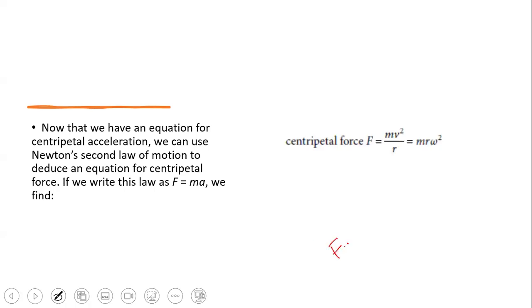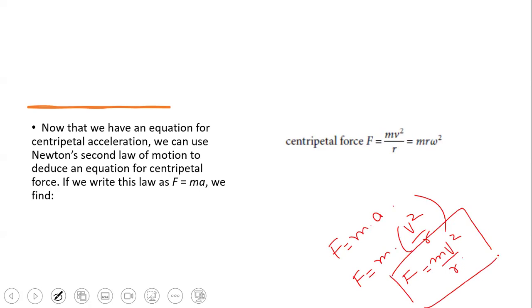And we know F is equal to ma. We know that acceleration is v squared upon r. So we get the formula F is equal to mv squared upon r. This is a formula for centripetal force, and another formula uses omega squared r.